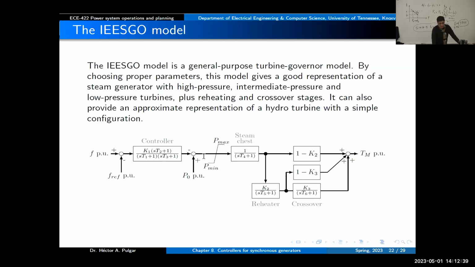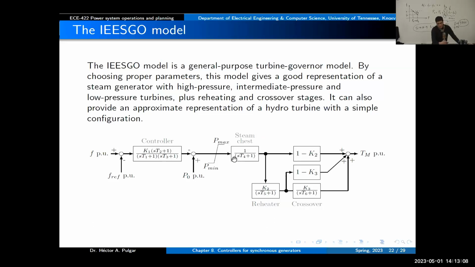After this, we're going to have some limit for the power. The power will have hard limits, technical limits, mechanical limits. So the power will move between a minimum and maximum value. And then that is going to be the order for the opening of the valve before the steam chest. So if we need more power, then the opening of the valve needs to be larger.